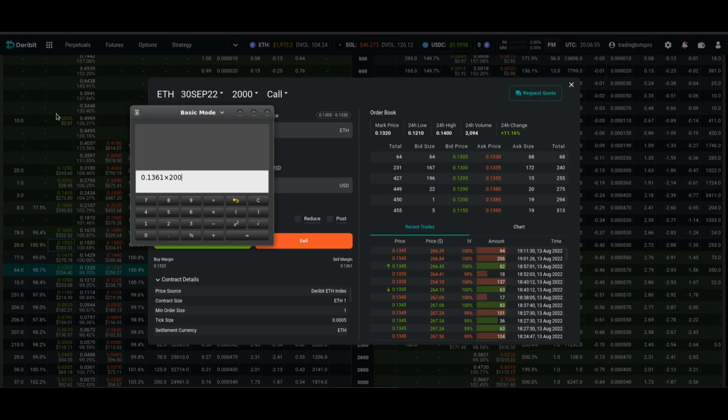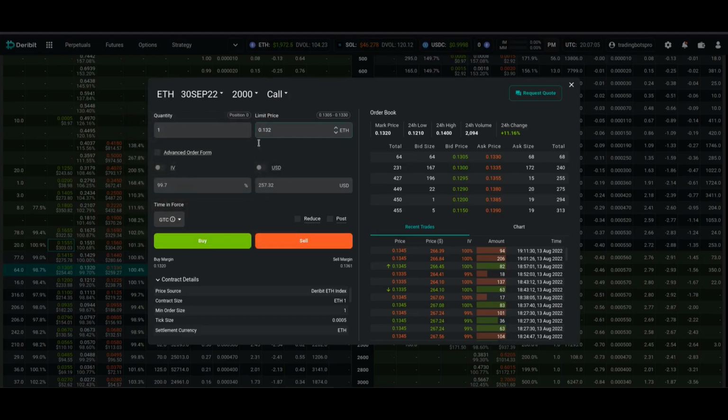Okay, this will be our margin for selling one contract of Ethereum. So not so much, and it looks affordable to make some trades and try options on crypto.